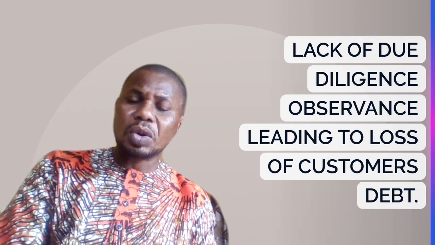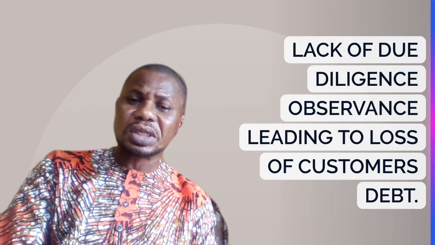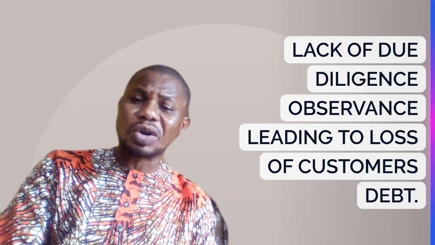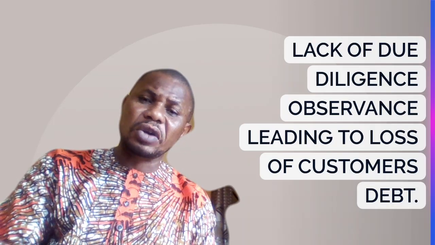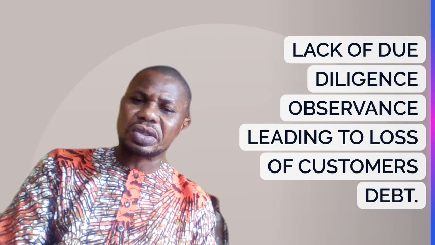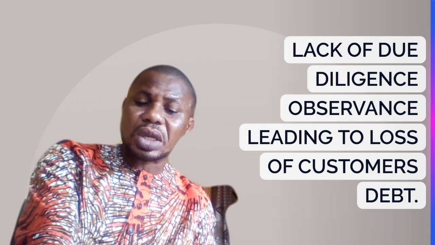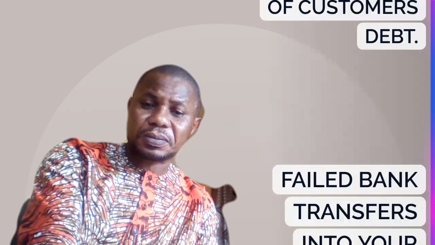You understand? So you now see that you could lose money for not observing this due diligence, for not ensuring that the customer signs your invoice for you. These things, we take them as unnecessary. We take them as not needed. But at the end of the day, we are losing a whole lot of money from it.